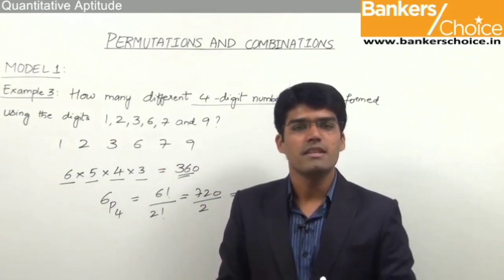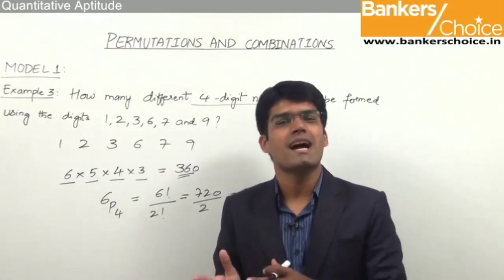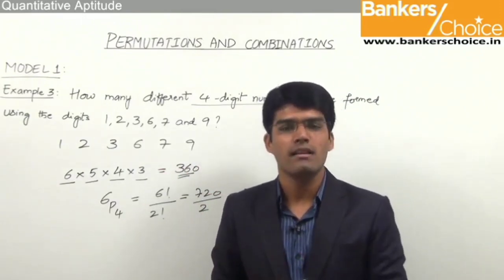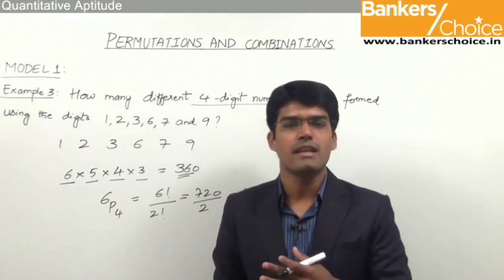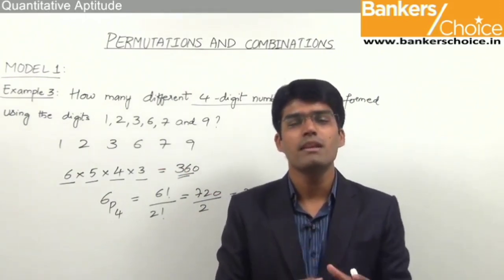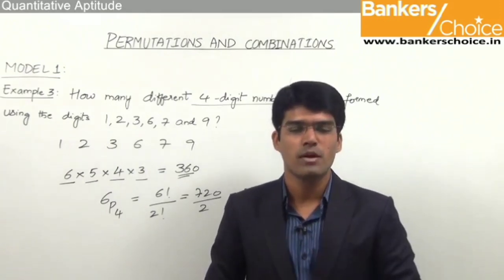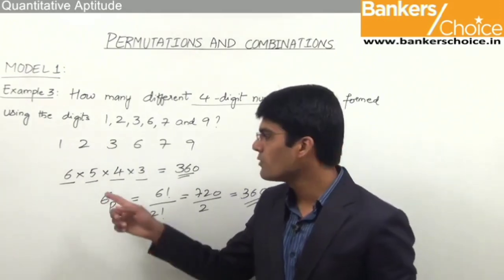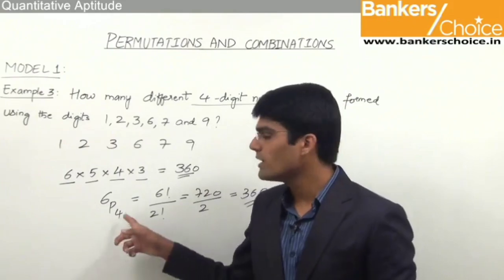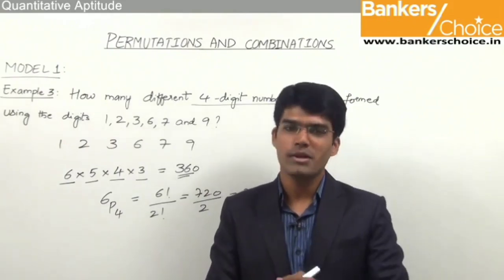So very clearly, when we say permutations of n objects taken r at a time is given as nPr, the objects can be of any type. It can be persons, letters, or numbers. Whatever be the type of object, the concept of finding the number of permutations remains the same. Either we can go by the principle of multiplication or we can use the formula nPr to get the required answer.